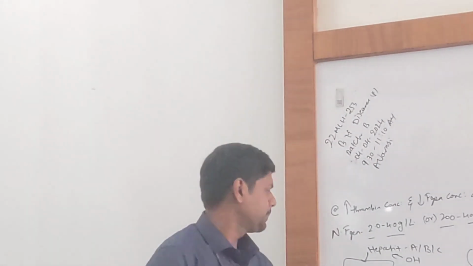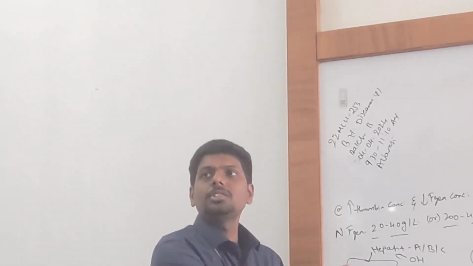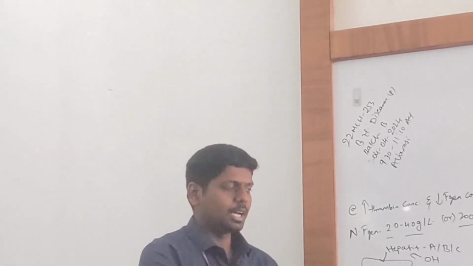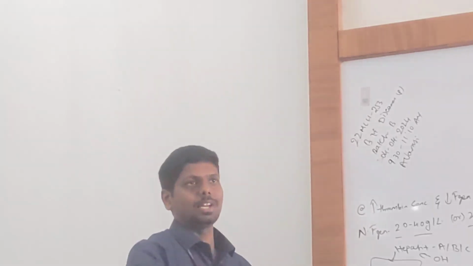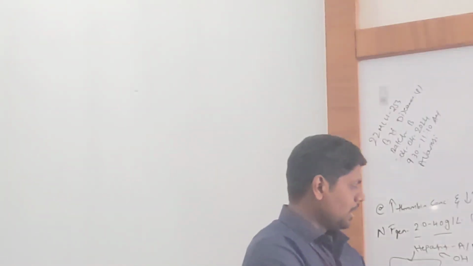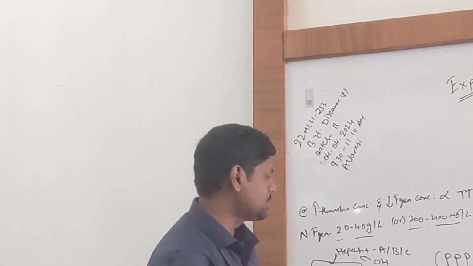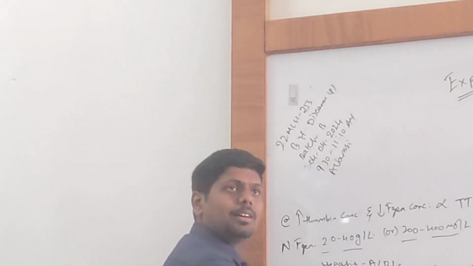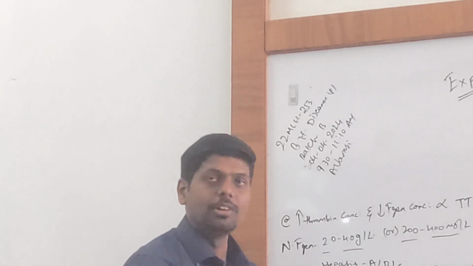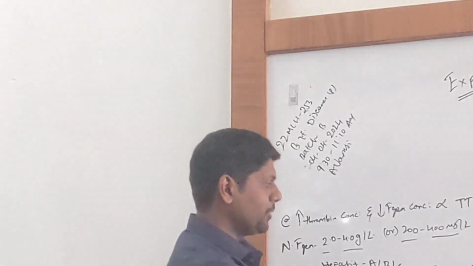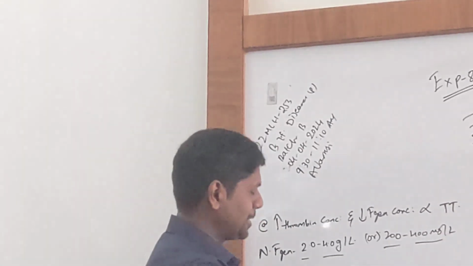So typical indigestion, typical jaundice symptoms. So this is one criterion. Then what is the other criterion that reduces plasma fibrinogen levels? That I will discuss later. Just stay here, I need to finish this concept.